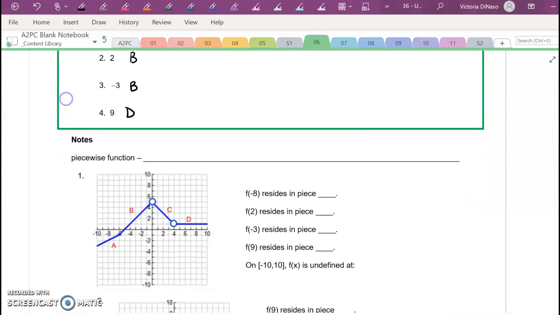So what is a piecewise function? A piecewise function is a function, and just like the word piece, it splits up into different pieces. That's what this piecewise function does.